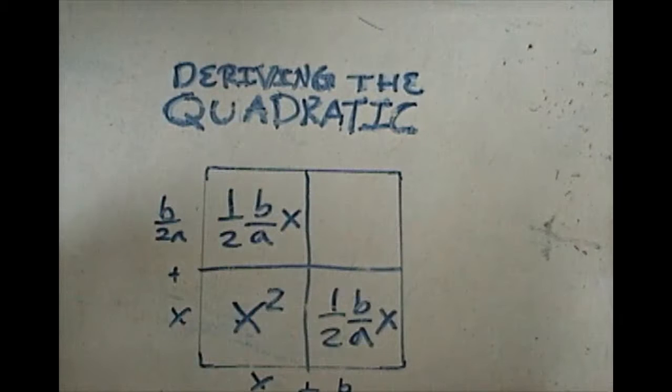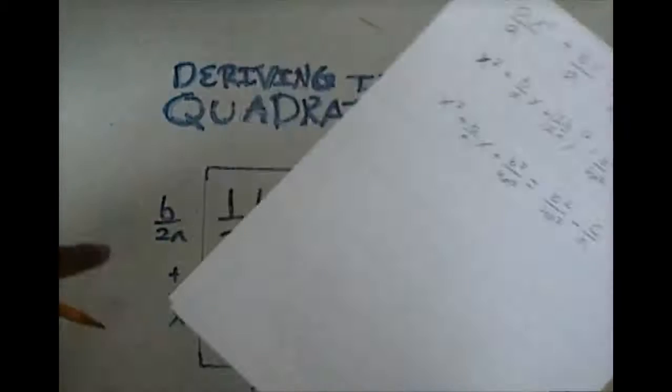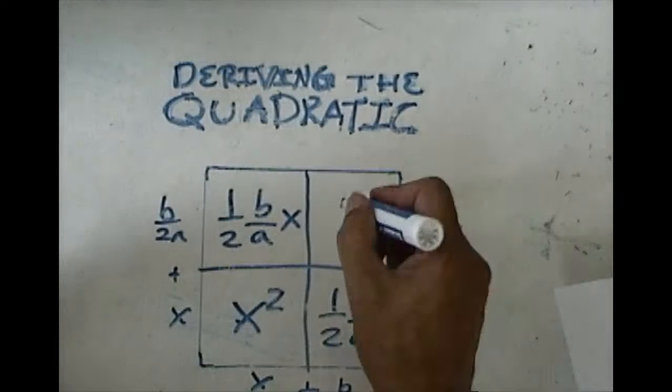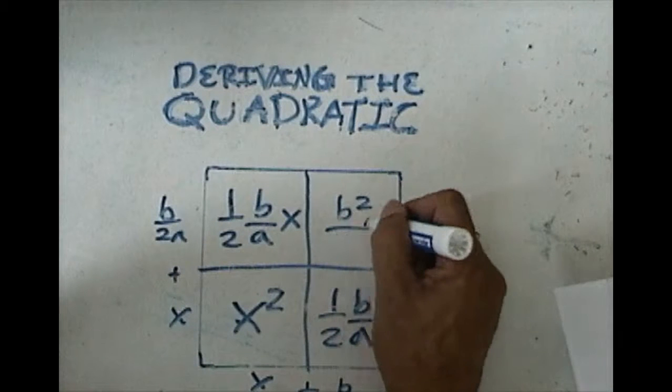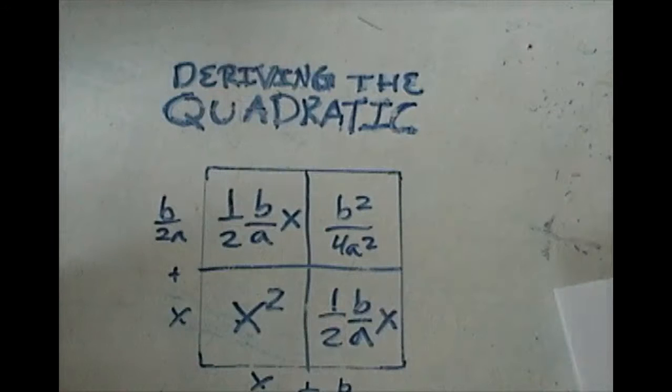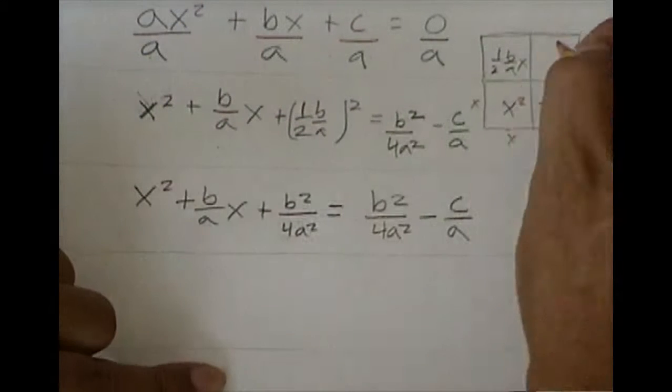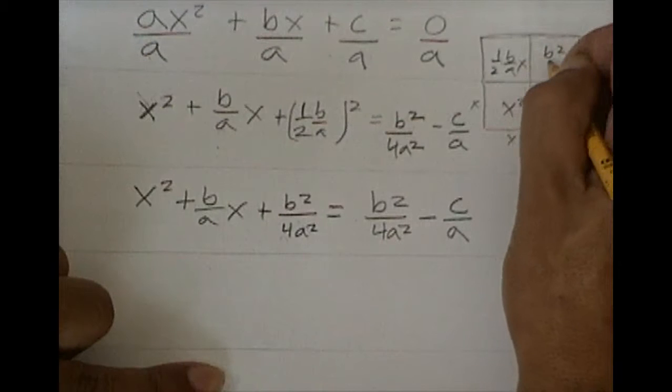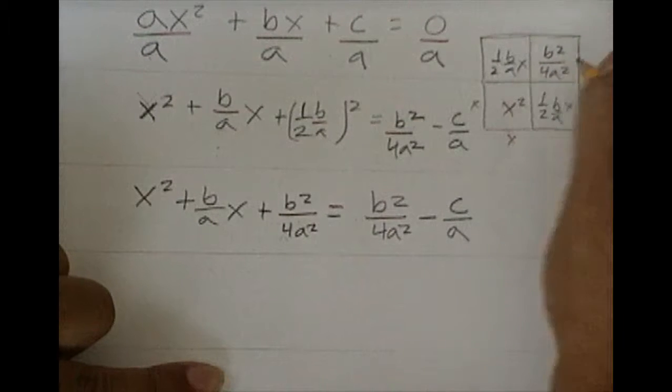So what completes the square? Just like we said a second ago, what completes the square is this squared. So I put b squared over 4a squared to complete my square. Very simple. Alright, so where's my b squared over 4a squared here?